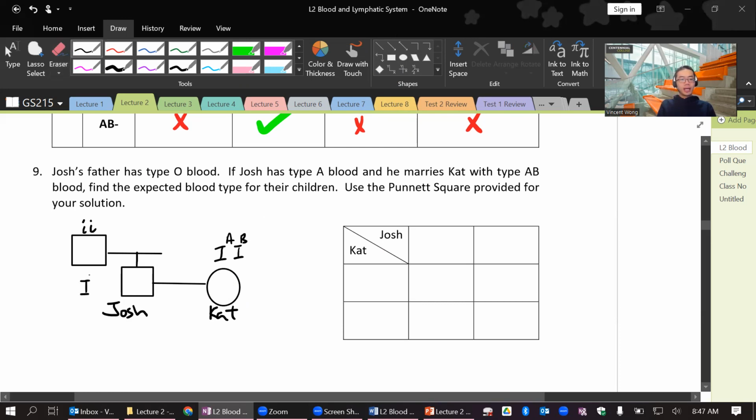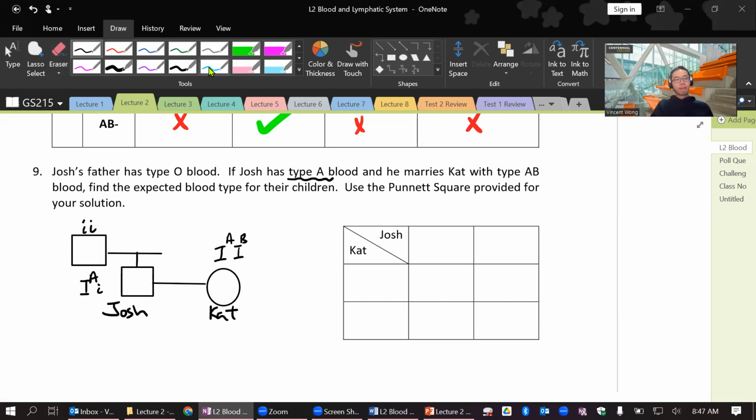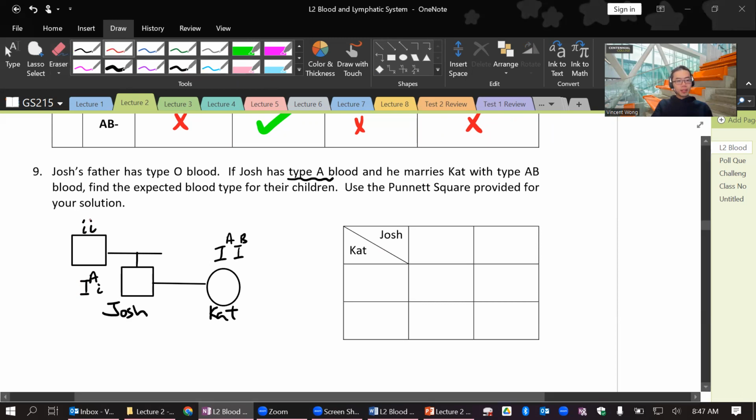So I'm going to put IA. Because his father is little i, then it's guaranteed that the father will be passing on the little i to Josh. That's how I know he is heterozygous and not homozygous, right? Because like this, little i gets passed on to Josh like that.